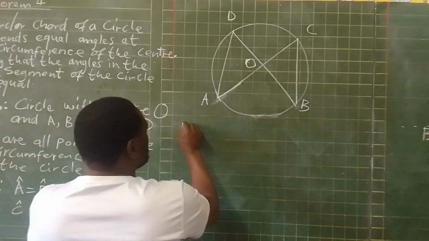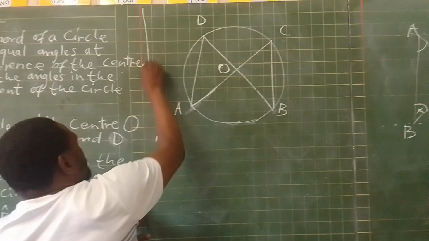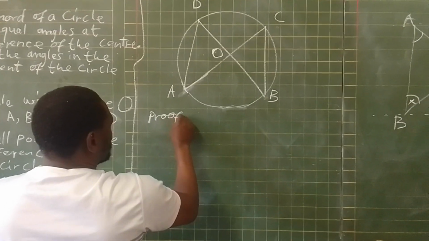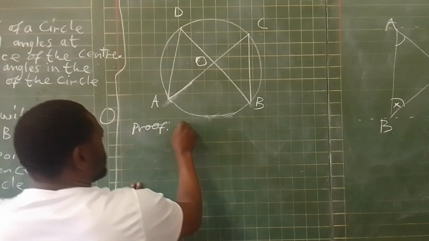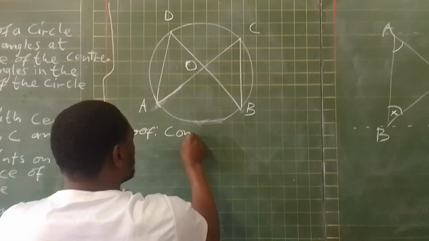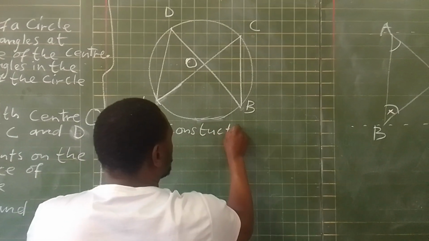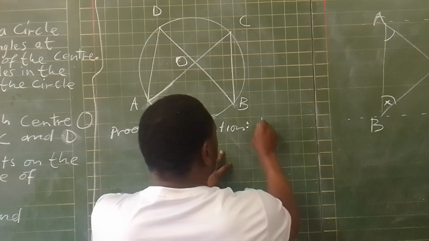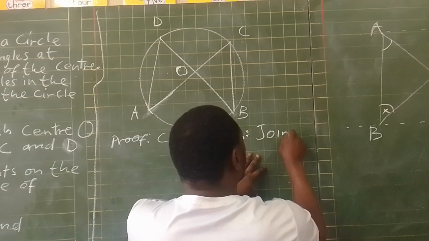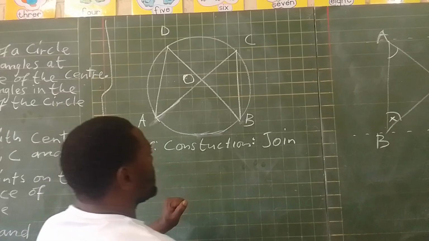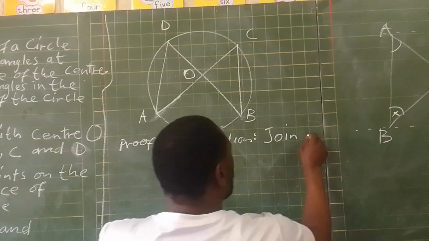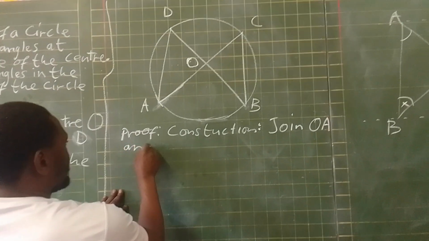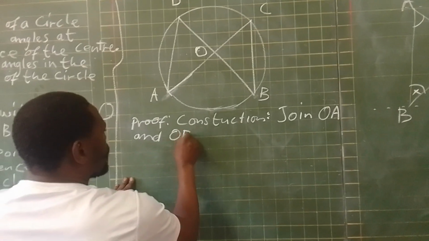We are going to say proof because we are proving now. You start by construction. I am going to join OA and OB.